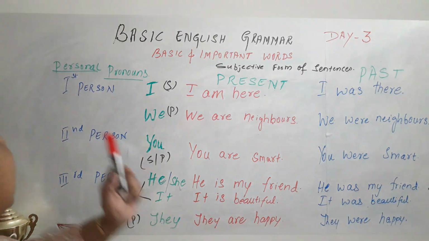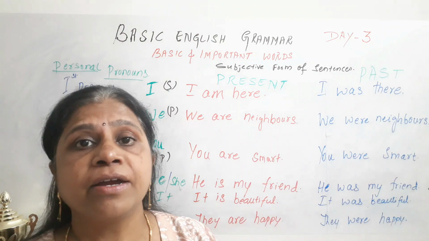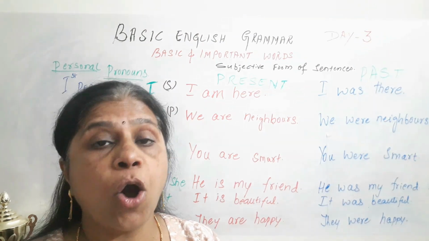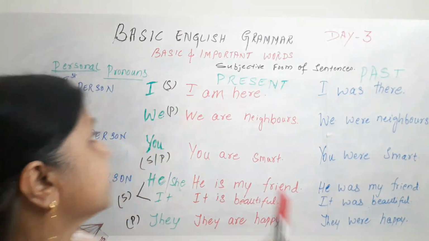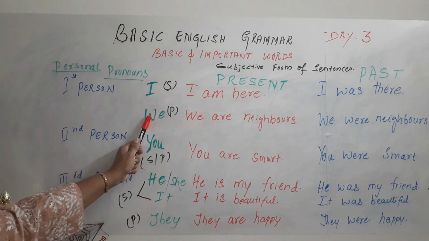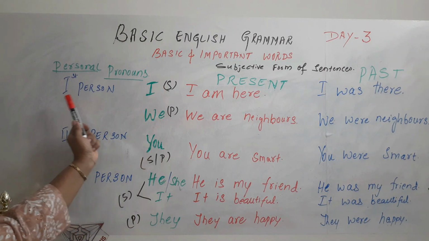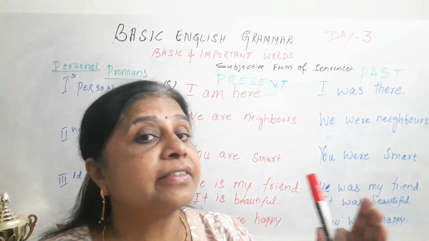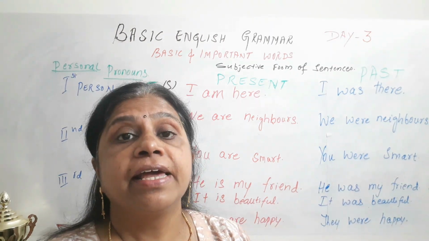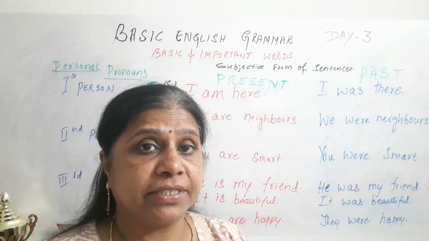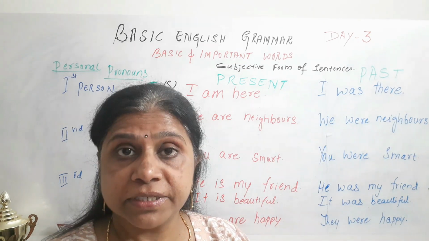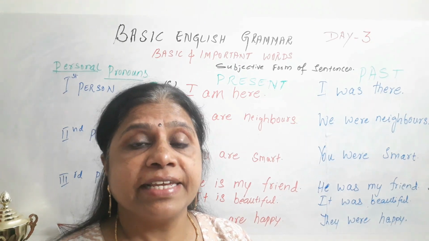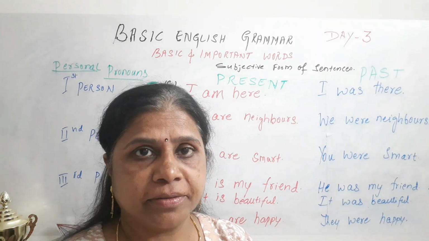All right, let us understand what these words are and how they are important. I, we, these come under first person. There are three types of persons in English: first person, second person, and third person. Today we'll see about these persons.